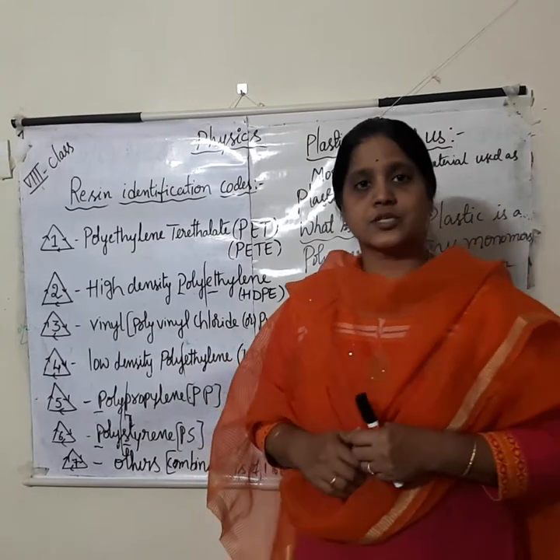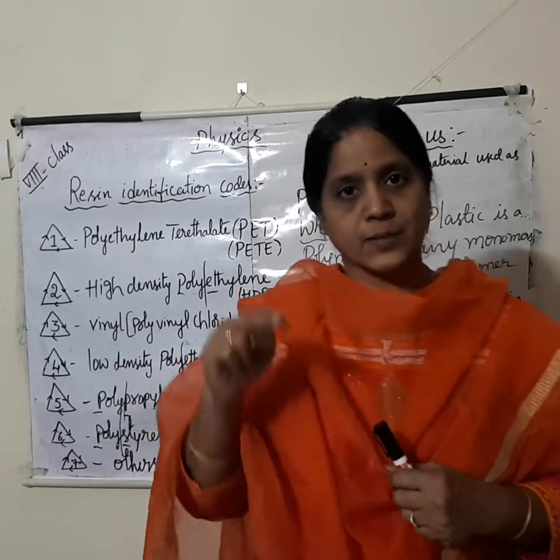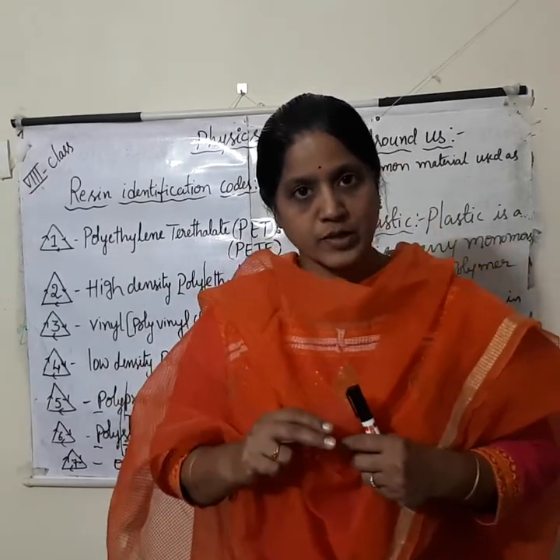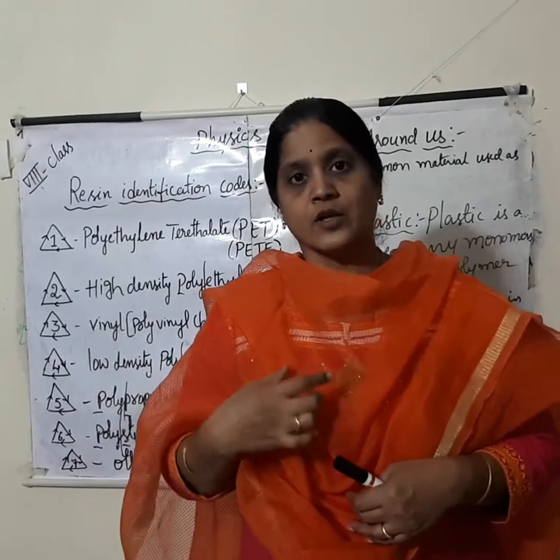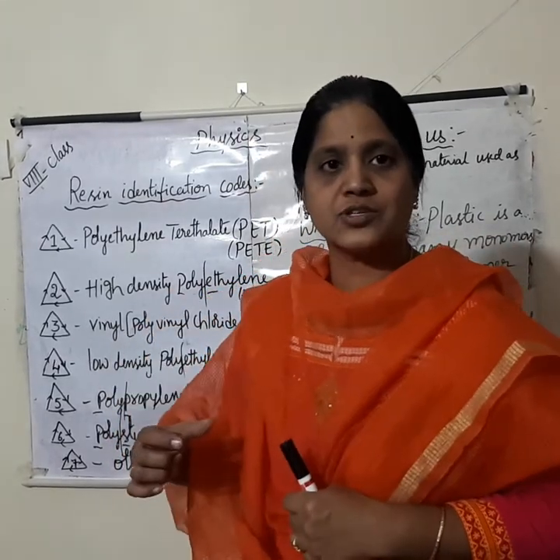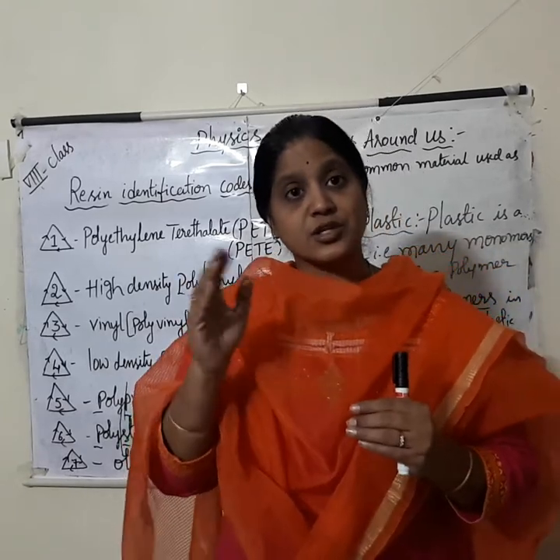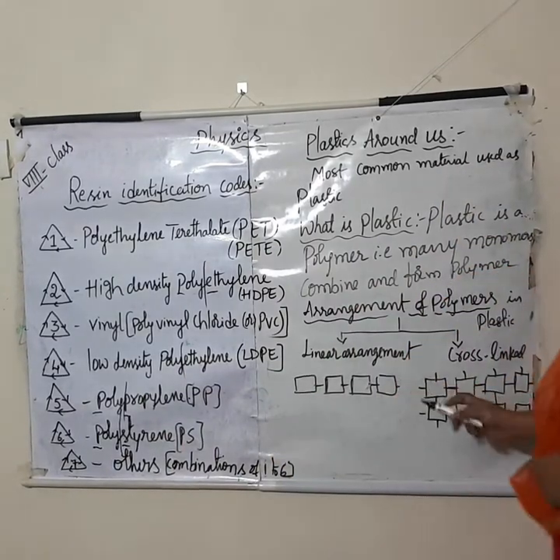In plastic, the arrangement of monomers is of two types. We discussed earlier the bead chain polymer. Now the same arrangement of monomers in plastics is arranged in two forms. The first one is like this.